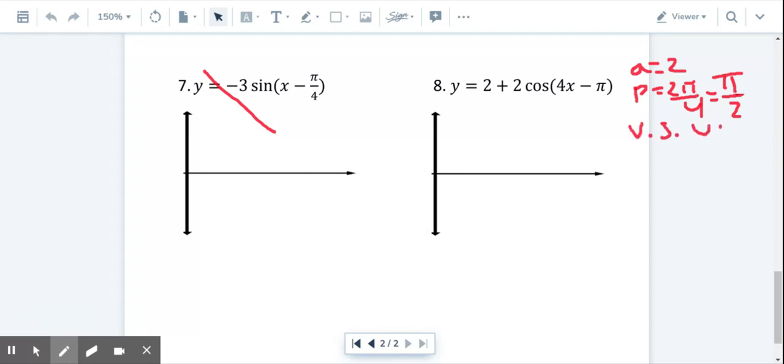We have a vertical shift up 2 because of this. And we have a phase shift to the right. This is going to the right, pi over 4.